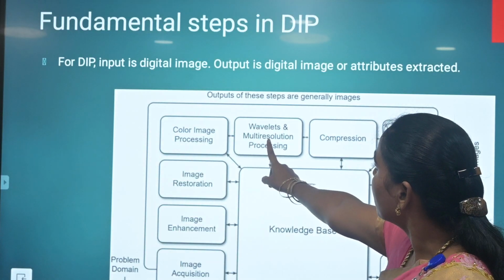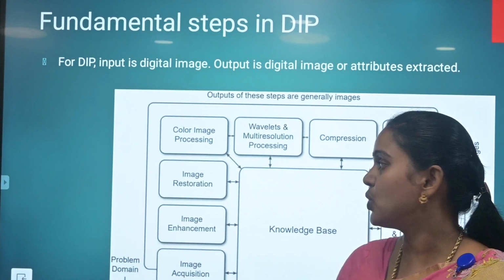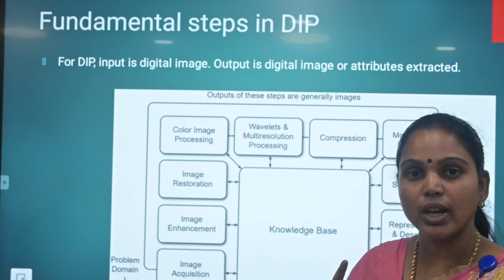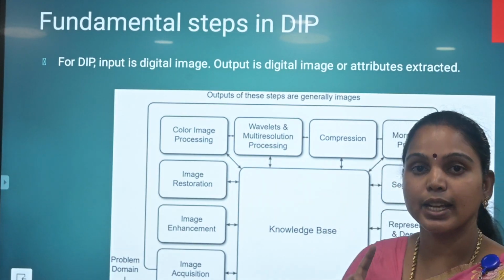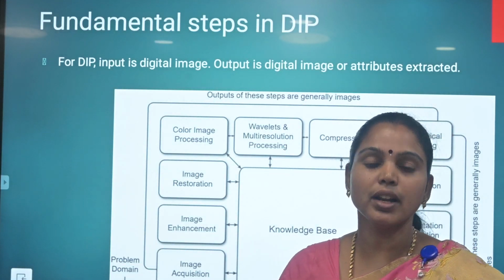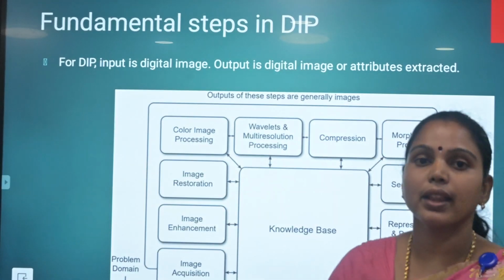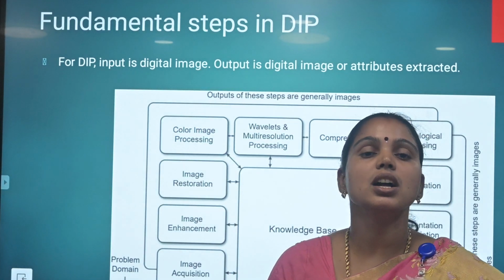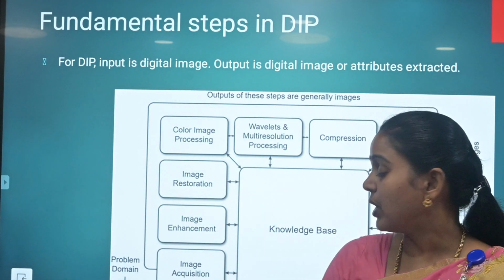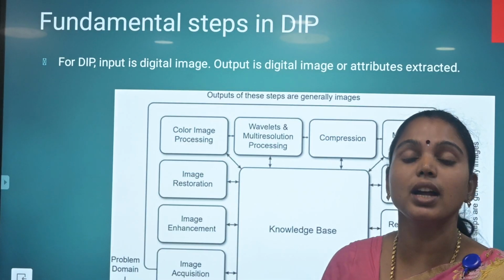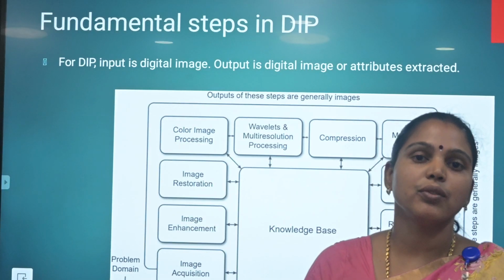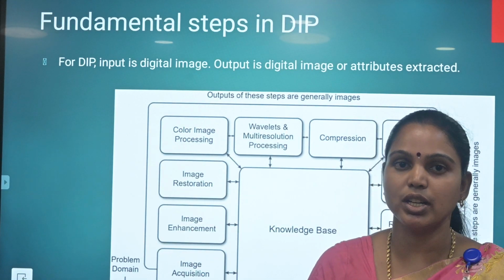After that, wavelet and multi-resolution processing, next compression, after that morphological processing, next segmentation, representation and finally object recognition. These are the 10 fundamental steps done in digital image processing. And the center one is referred to as the knowledge base, that is the problem domain given to the digital image processing.